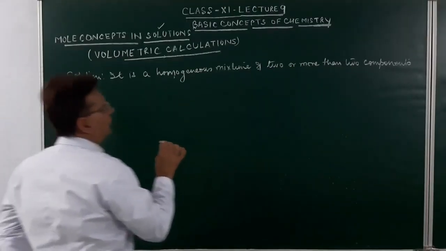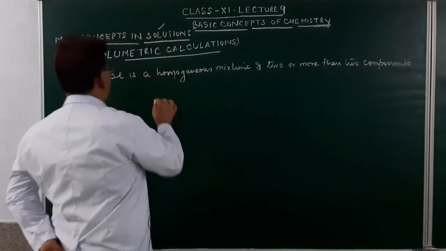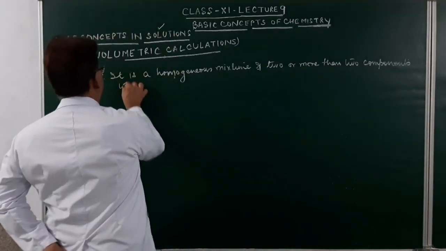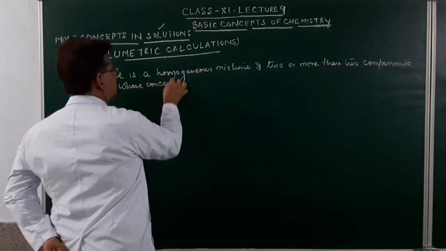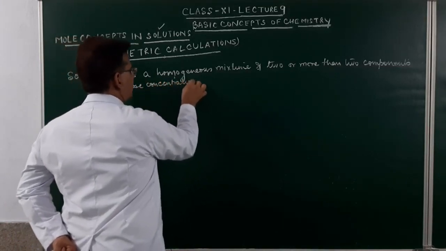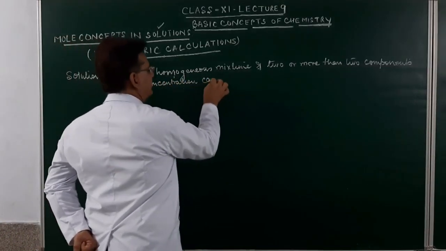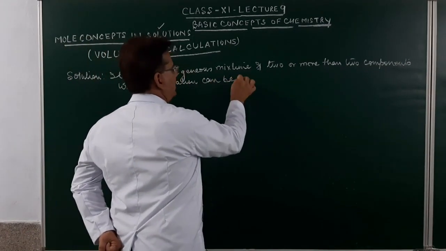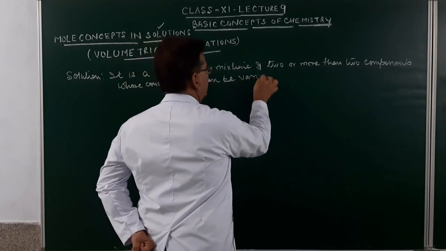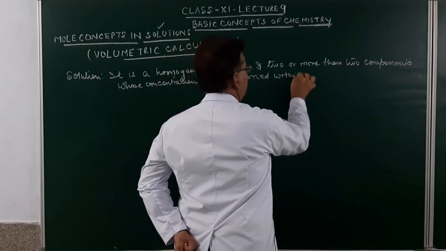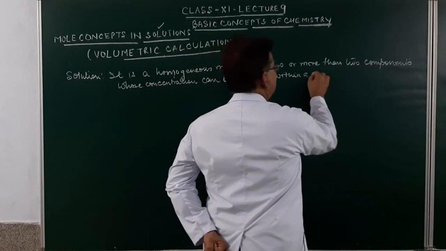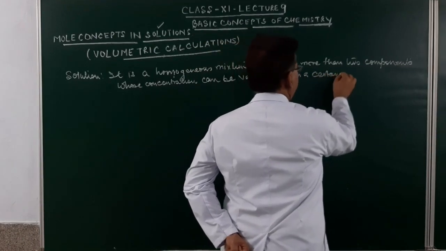Am I clear? A homogeneous mixture of two or more than two components whose concentration can be varied within a certain limit.